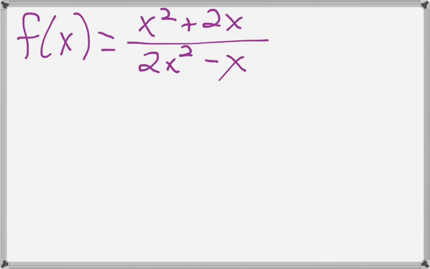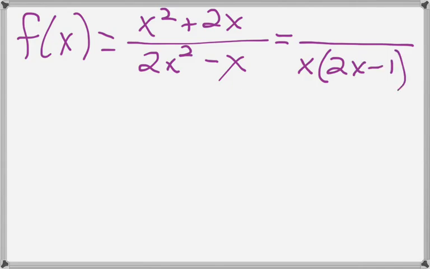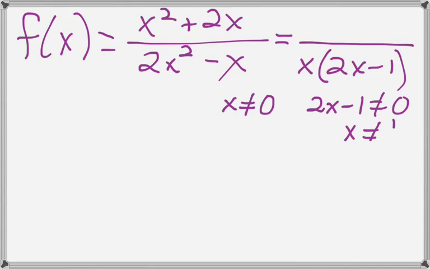Alright, so here we have a rational function, and first let's find the domain. So in this case the denominator is a quadratic, so we'll want to factor that, and we can factor an x from each term. And so we can see that we don't want x to be 0, and we also don't want 2x minus 1 to be 0, which means that x can't be 1/2.